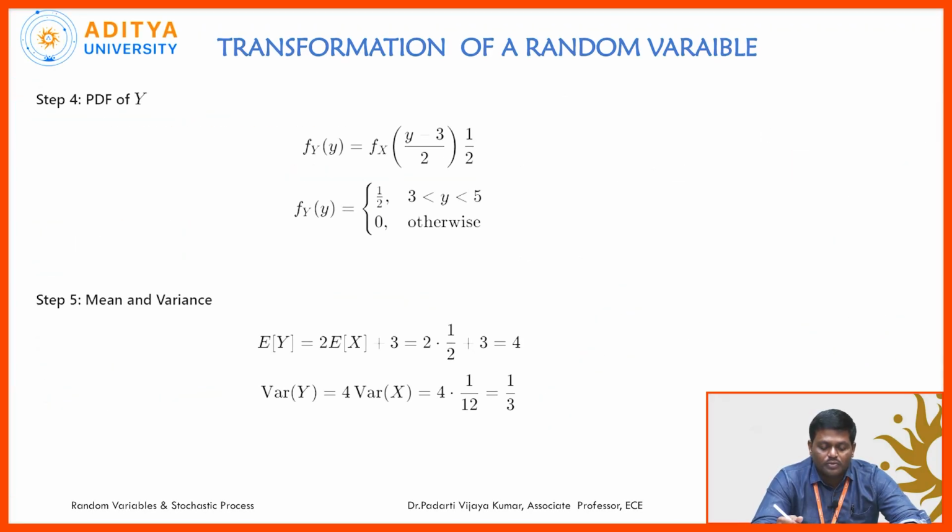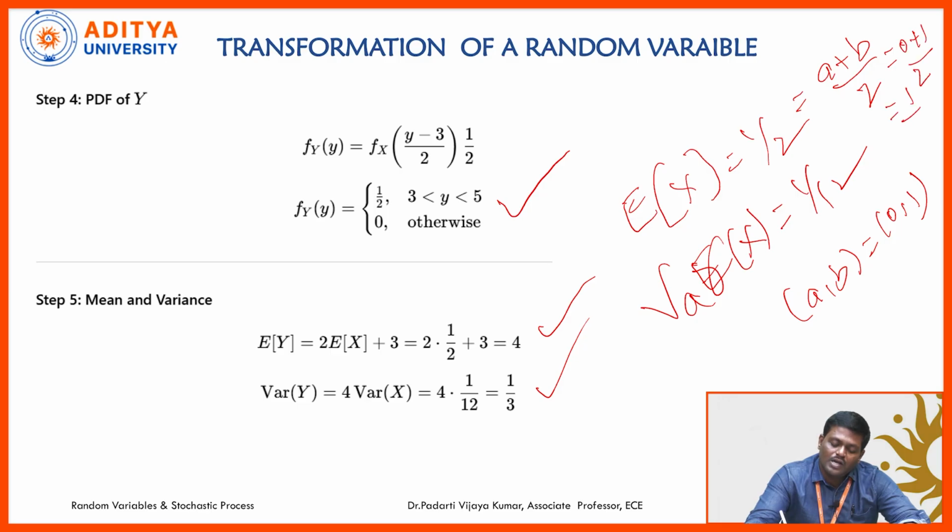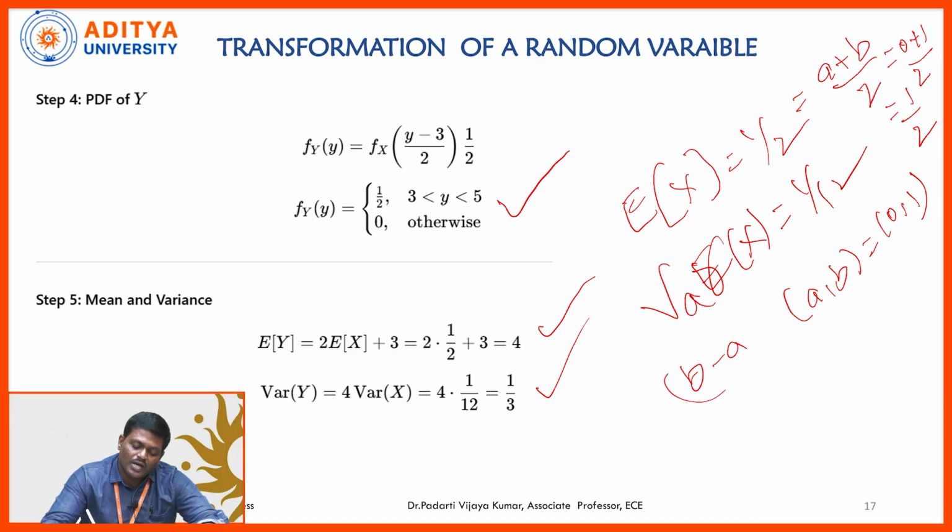We know that for a uniform density function, the mean is a plus b by 2, with a comma b equal to 0 comma 1. So, the mean value is 0 plus 1 by 2, you will get 1 by 2, and variance is b minus a whole square by 12. So, the variance of the uniform function is 1 minus 0 whole square by 12, we will get 1 by 12.